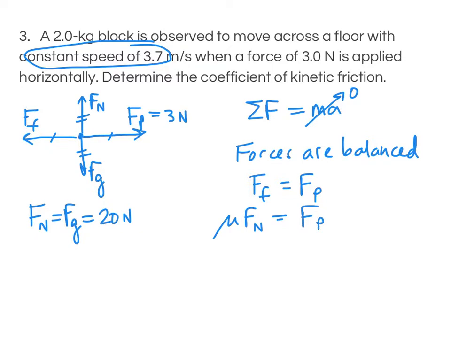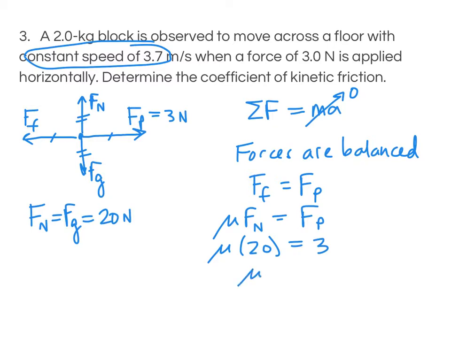At this point, I have everything I need. I can plug in what I'm looking for. Mu is my unknown, the coefficient of friction. It's kinetic because there is motion in the problem. The normal force is 20, and my applied force in this case is 3.